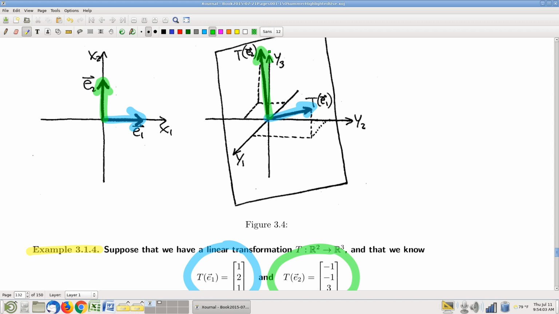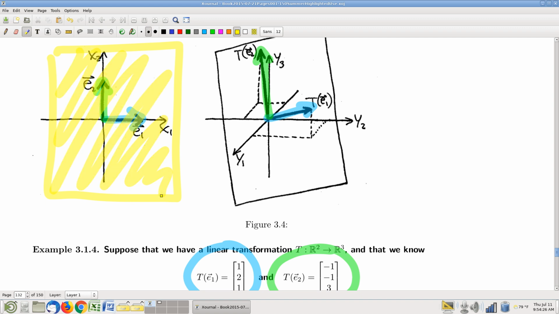Well, check it out. I know the images of the two standard basis vectors in the domain. Therefore, all the other images of this function are going to be determined by linear combinations. Since everything in this plane is some sort of linear combination of E1 and E2, all of their images, and therefore the image of the entire transformation, are going to be corresponding linear combinations of those two output vectors.